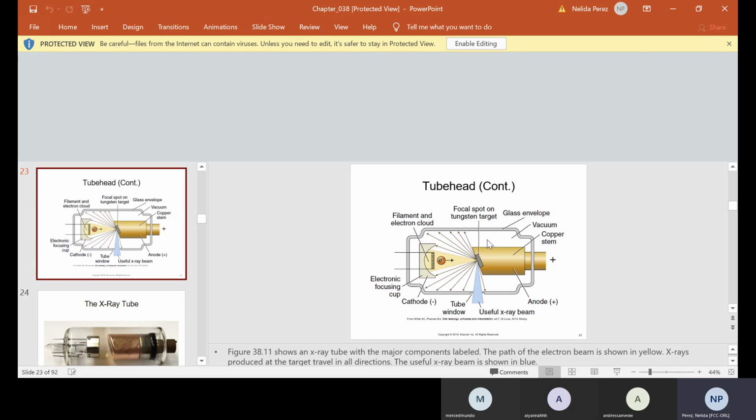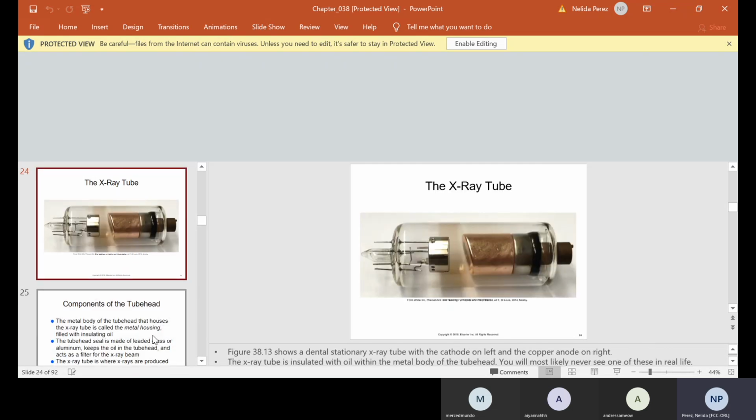We have an electronic focusing cup and the tube window. Out of that tube window, we have the position indicator device, where we get the useful X-ray beam from. So inside that tube head, this is what it looks like.